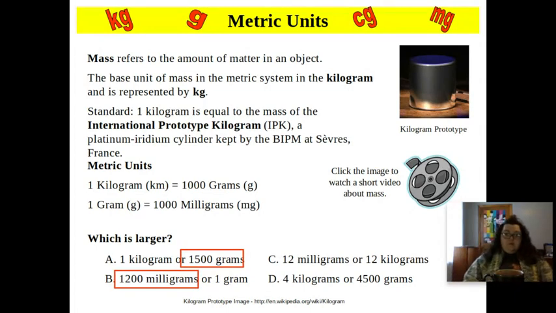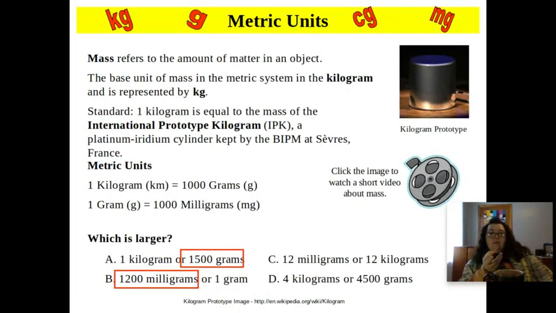So next, we're comparing 12 milligrams or 12 kilograms. Well, we know that there are 1,000 grams in a kilogram, and then there's 1,000 milligrams in a gram. So that's 1,000 milligrams for every gram, and then 1,000 grams for every kilogram.